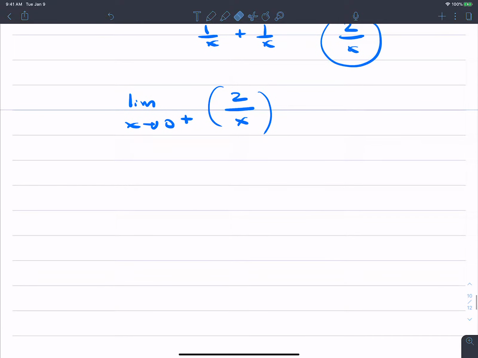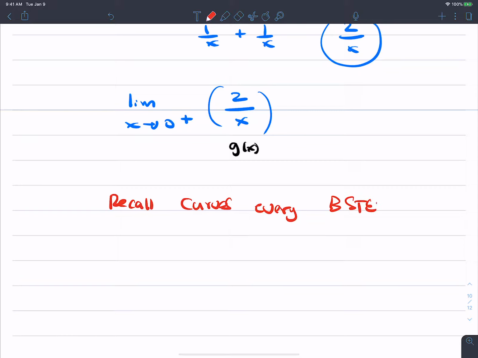What I'm going to remind people, this is the g function here. So remember this concept I said to people. You have to study curves.